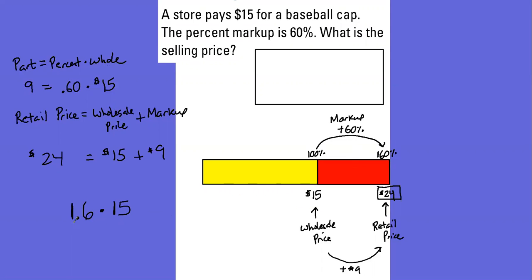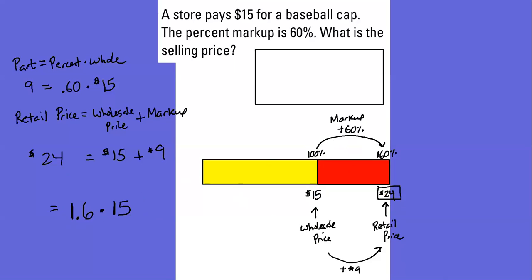The nice thing about thinking of it this way is that, using 160%, or 1.6, the 100% of 15 would be the 15, what I'm starting with, and then the extra 60% is just added on right here. So the 1.6 combines both my starting point and my markup. So if I do 1.6 times 15, that's going to give me this 24 for my retail price.